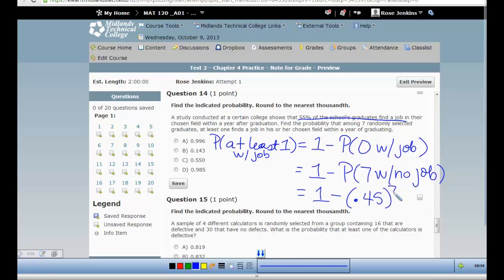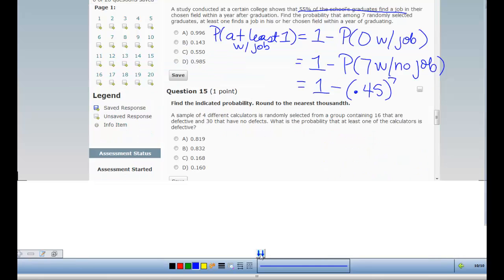And we're going to raise that to the 7th power, and that would give us our answer. Okay, questions about that? Okay, all right, number 15.